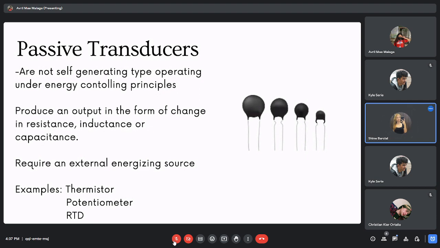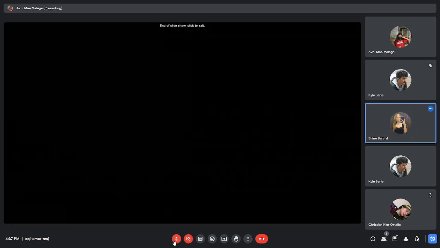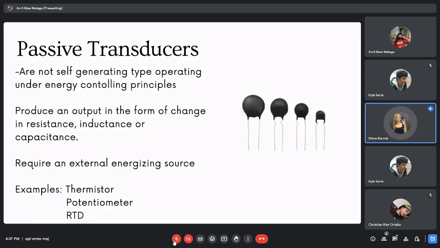The difference between the two is: do not require and require. So that's it.